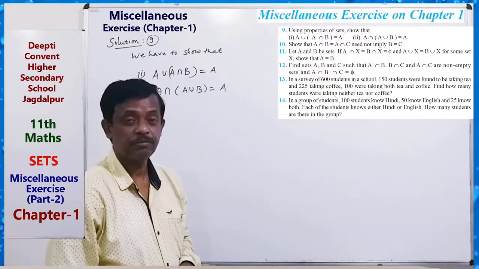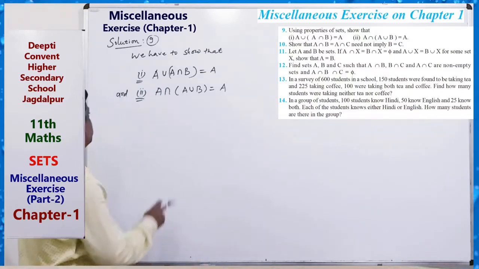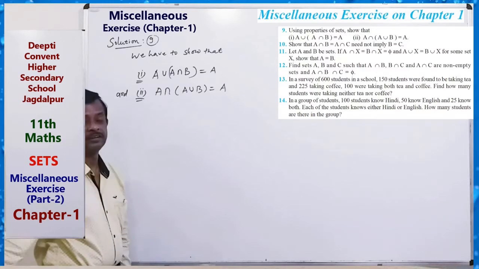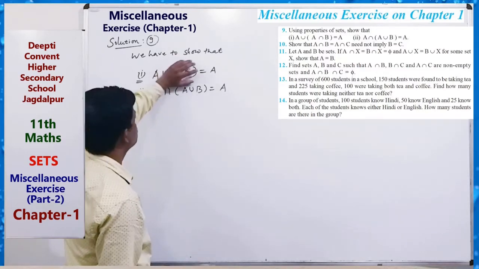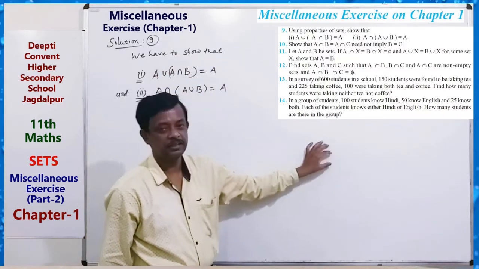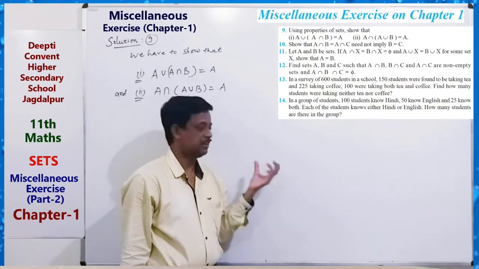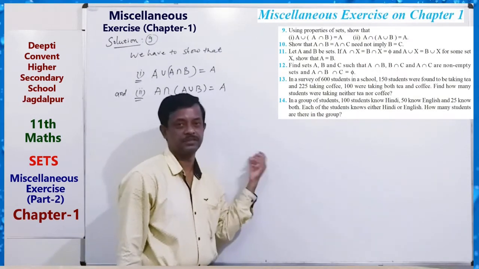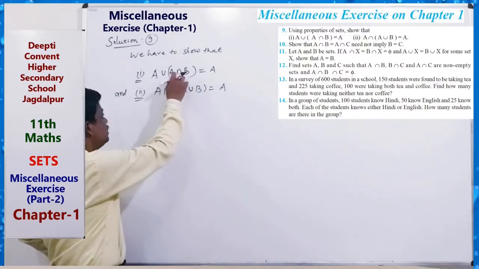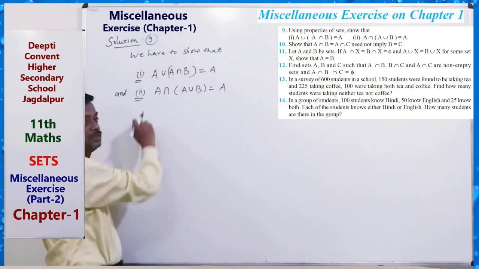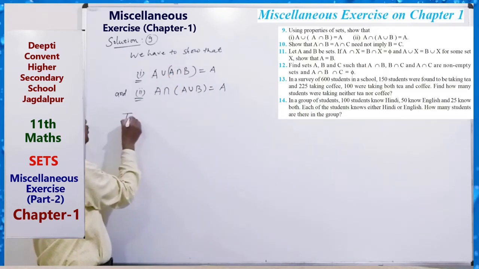To prove that something equals something, we have to show that this is a subset of this and this is a subset of this.